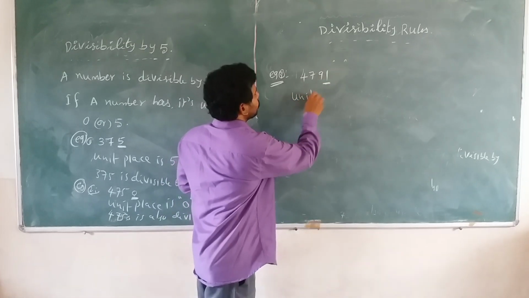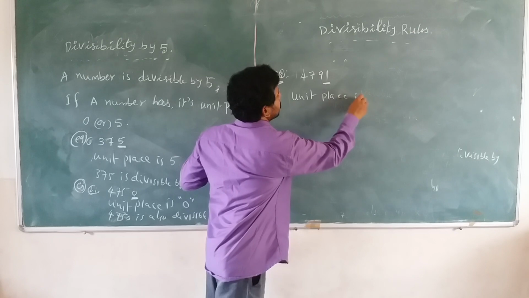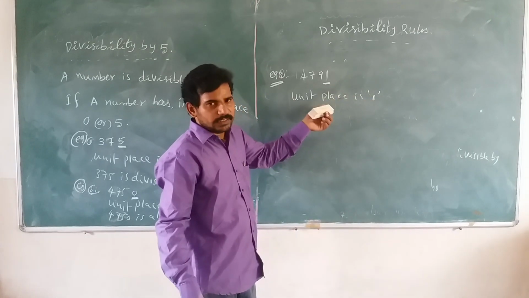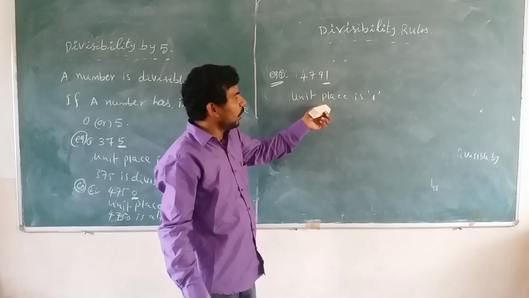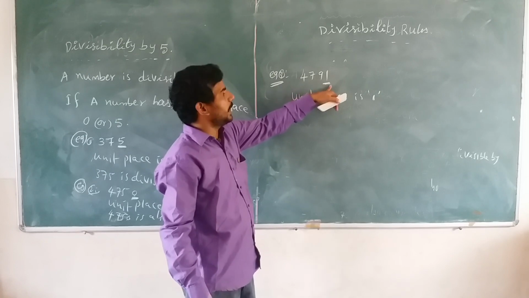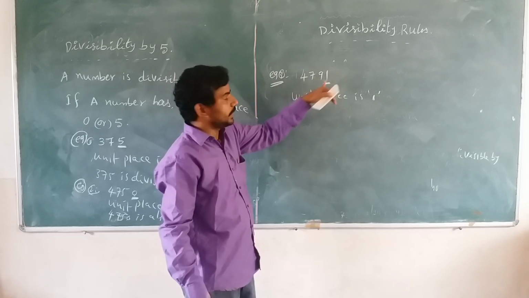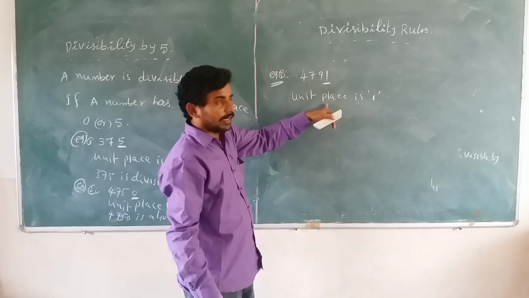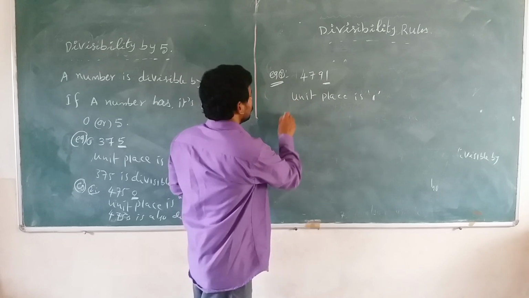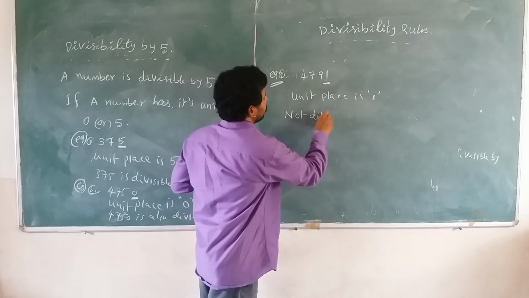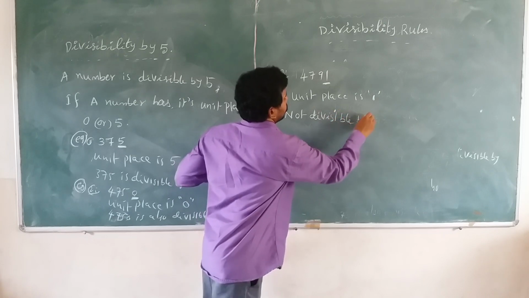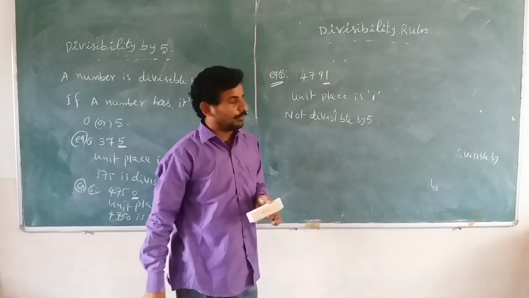The unit place is 1. Is it divisible by 5? Say yes or no. No. Why is it no? The unit place, or ones place, is 1. So it is not divisible by 5, because the unit place is 1.